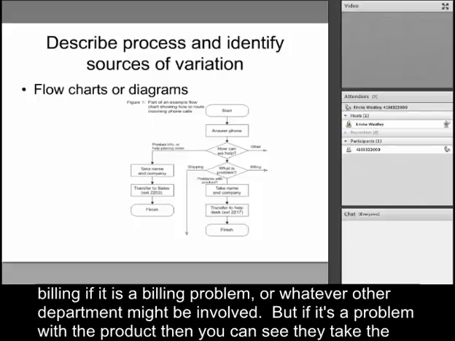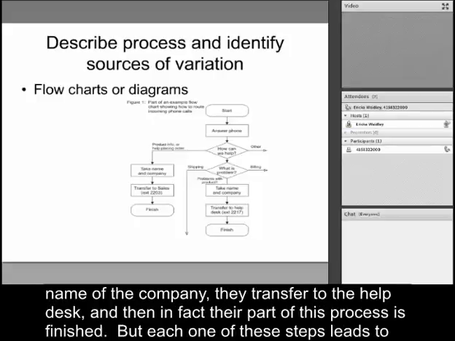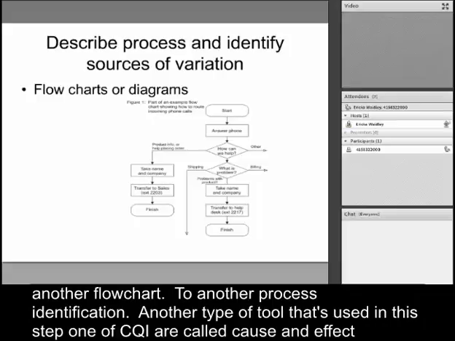But if it's a problem with the product, then you can see they take the name of the company, they transfer to the help desk, and then, in fact, their part of this process is finished. But each one of these steps leads to another flow chart, to another process identification.